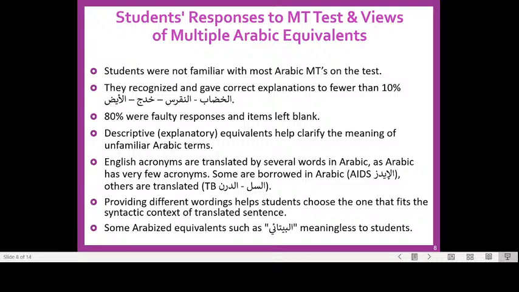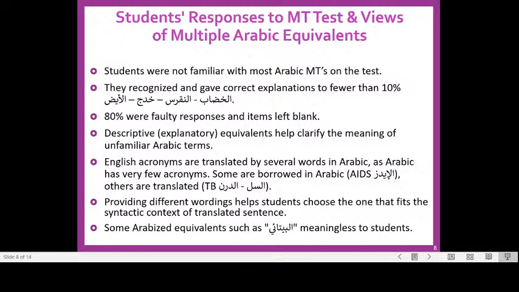Descriptive or explanatory equivalents help clarify the meaning of unfamiliar Arabic terms. English acronyms were translated by several words in Arabic, as Arabic has very few acronyms. Some acronyms are borrowed in Arabic, such as AIDS, we say al-AIDS, and others are translated.